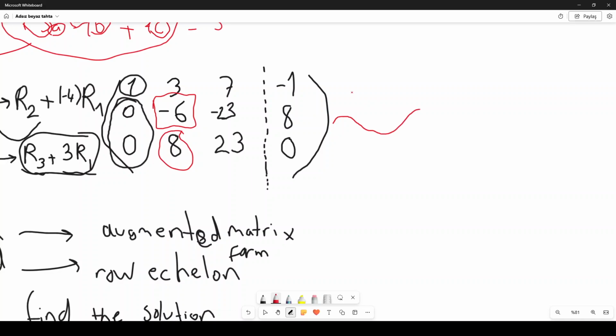So in other words, I need to change the third row, and the third row must be replaced by something else. By something else, I mean adding the third row to some other row multiplied by some scalar, right? By some real value. How can I do that? Think about that.